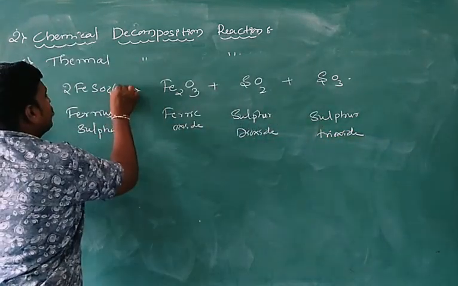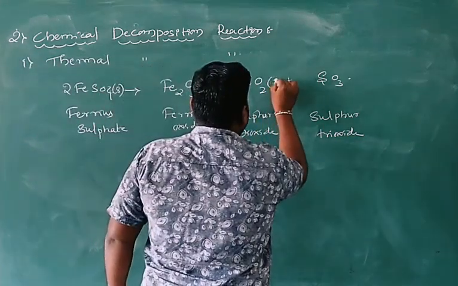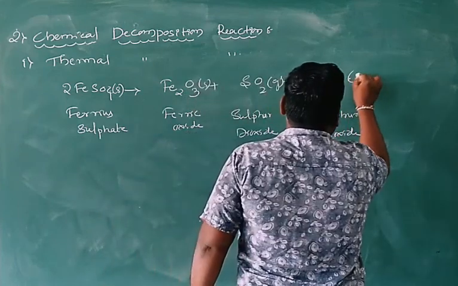Ferrous sulfate is solid, ferric oxide is also solid, sulfur dioxide is a gas and sulfur trioxide is also a gas.